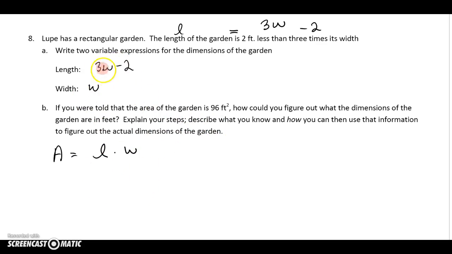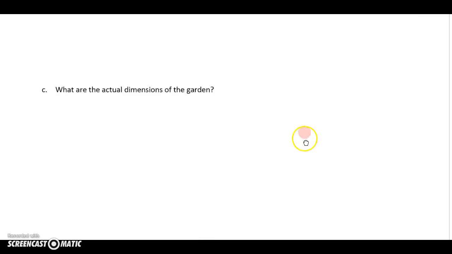Basically, if I use the length as 3W minus 2 and the width as W and the area is 96 feet squared, I can multiply these two things together and then solve for W. That will also get me the length and the width in feet. So that's the plan: multiply the length and the width, set it equal to the area, and then solve for W here.